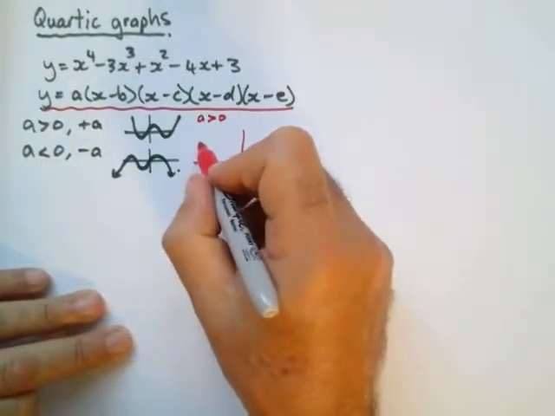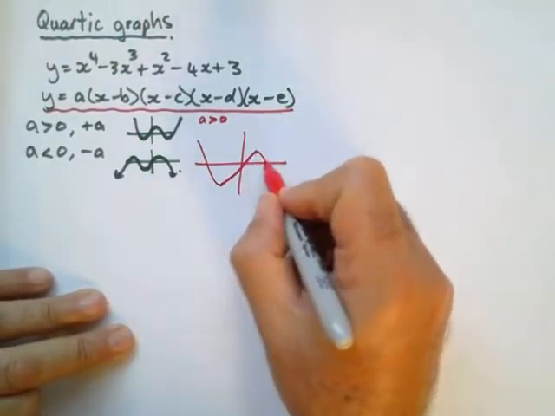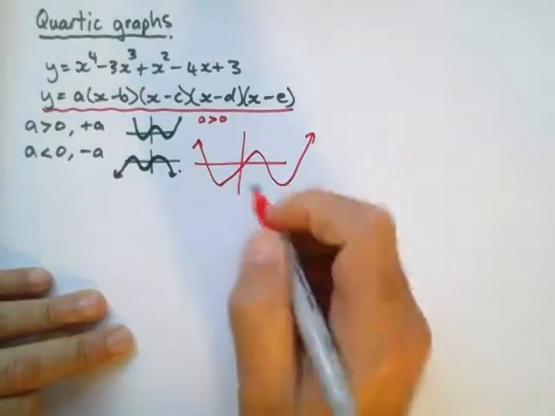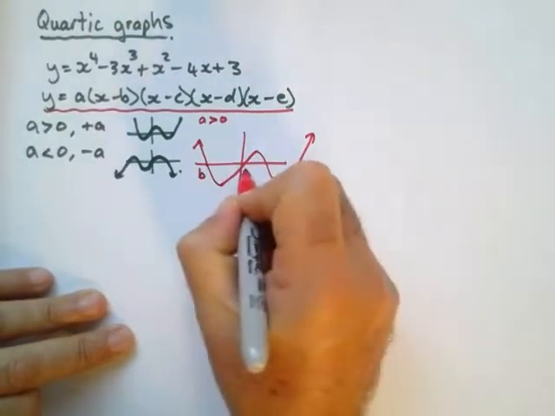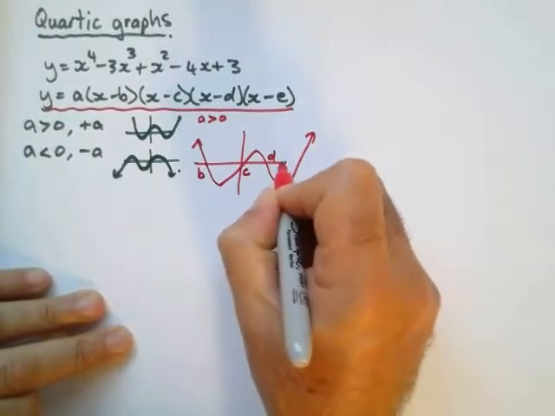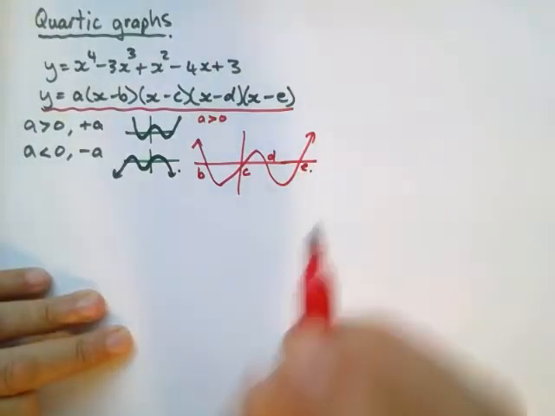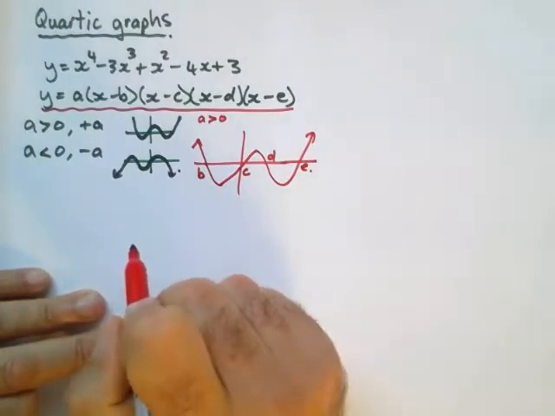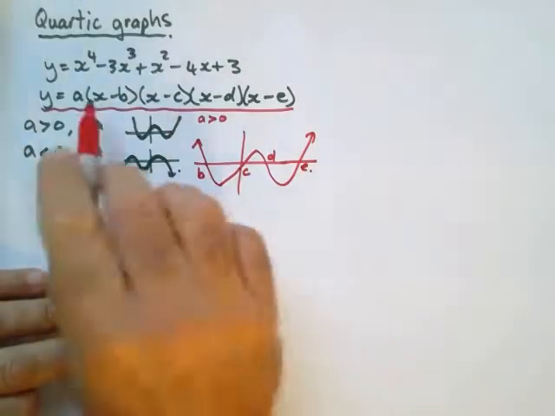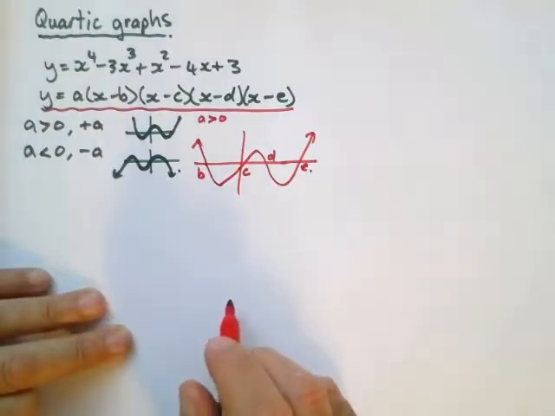I'm going to have something like that, and we will say that this is B, that's C, that's D, and that is E. I can calculate the y-intercept by multiplying out where x is 0.